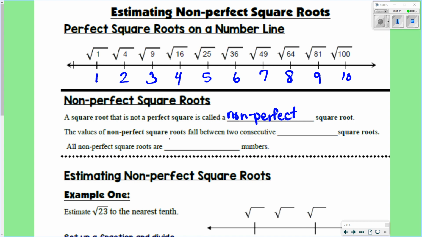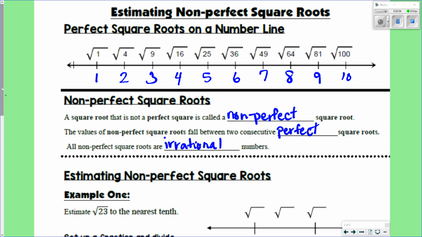The values of non-perfect square roots fall between two consecutive perfect square roots. All non-perfect square roots are irrational numbers. We can see that the perfect square roots are integers, so our non-perfect square roots are irrational numbers.